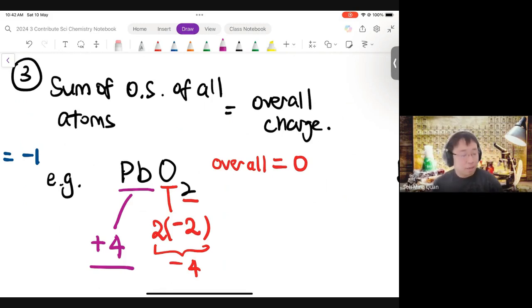Because you need the sum of Pb and the oxygens to become 0. That means when you add the Pb and the oxygen oxidation states together, it must go to 0. It can only go to 0 if Pb has the opposite sign, which is +4, to balance out and cancel out the -4 from the 2 oxygen atoms present. Okay, so that's a simple example.